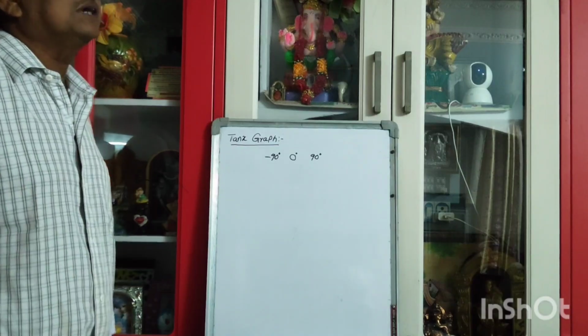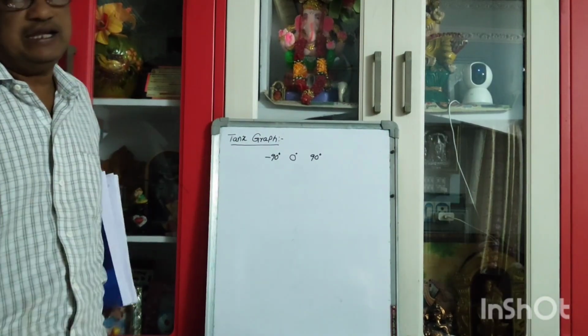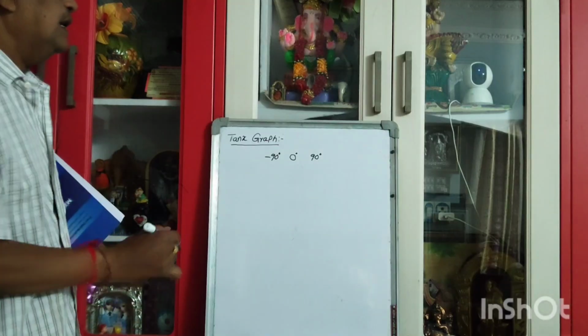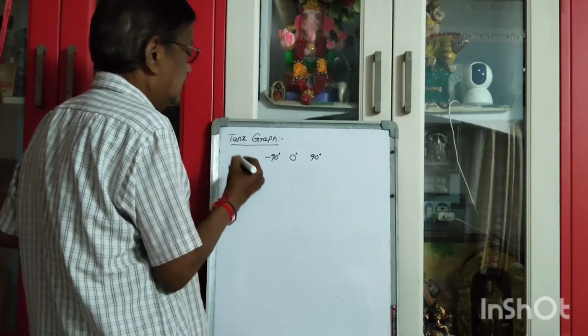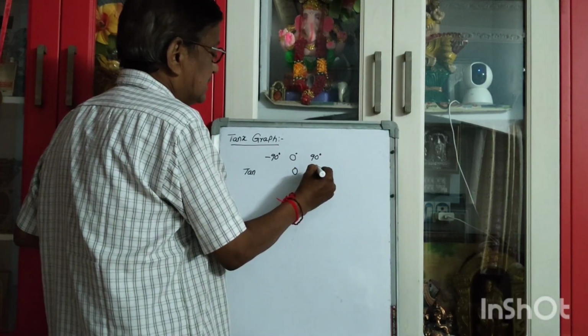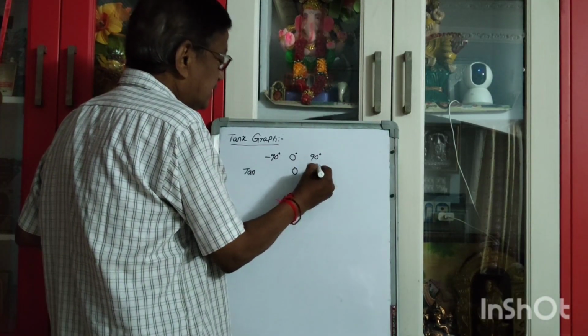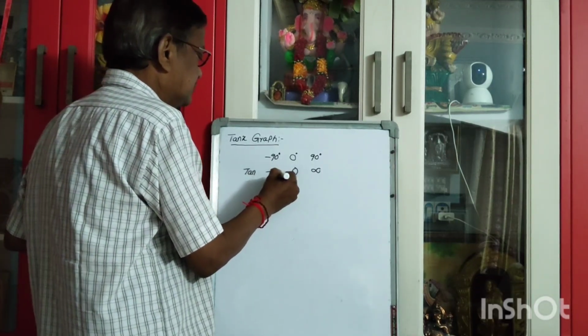Only multiples of 90 you consider for tan x for your convenience. Here tan x: tan 0 degrees is 0, tan 90 degrees is infinity, tan minus 90 is minus infinity.